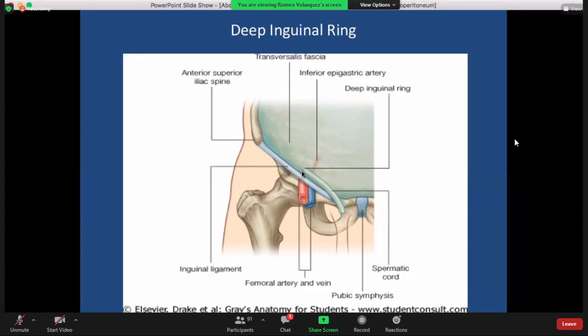Okay, so this early I'm telling you that all bulges or protrusions lateral to the inferior epigastric artery are called indirect inguinal hernia. And all bulges medial to the inferior epigastric artery are called direct hernia.